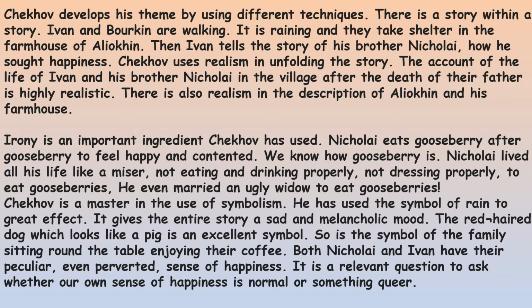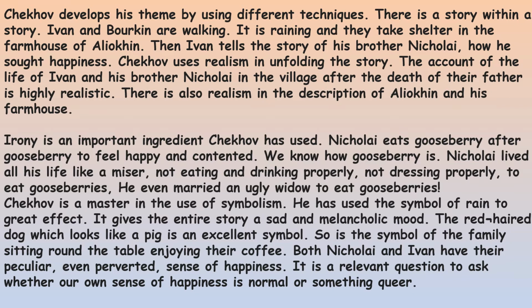Another paragraph of this critical appreciation of the story. Irony is an important aspect Chekhov has used. Nikolai eats gooseberry after gooseberry to feel happy and contented. We know how a gooseberry is.